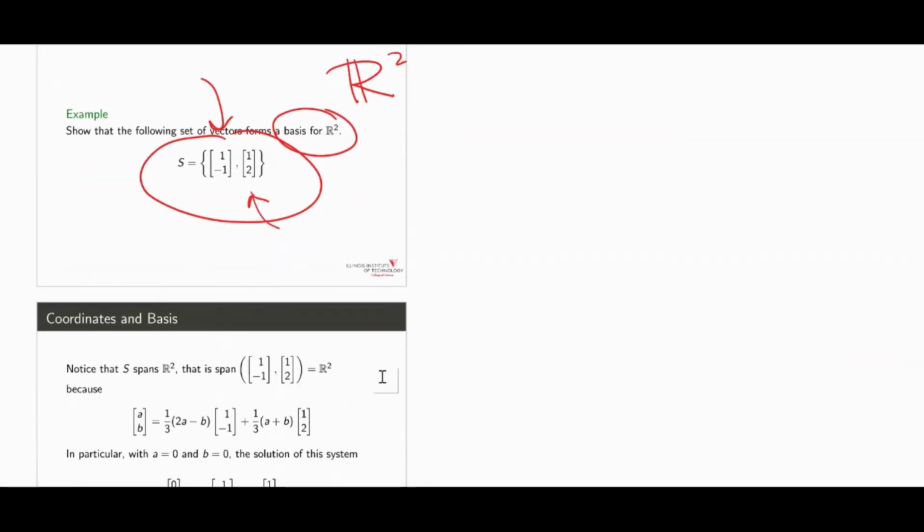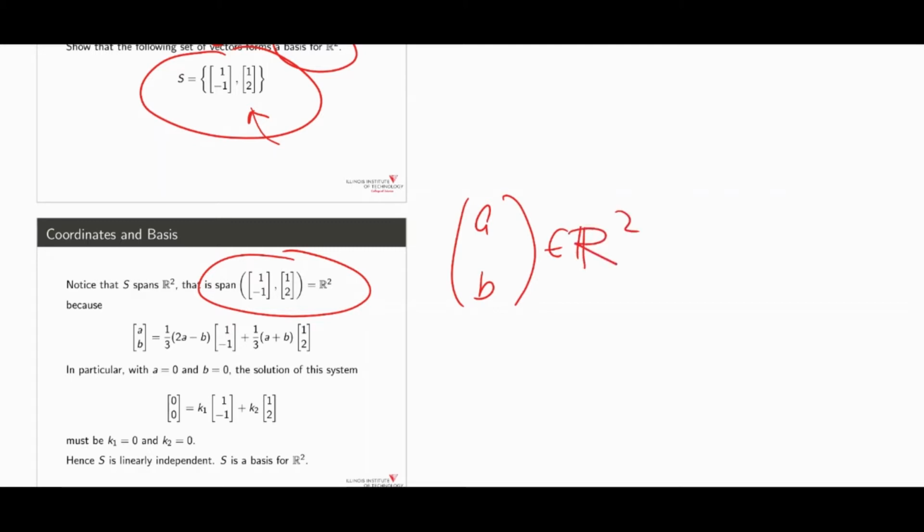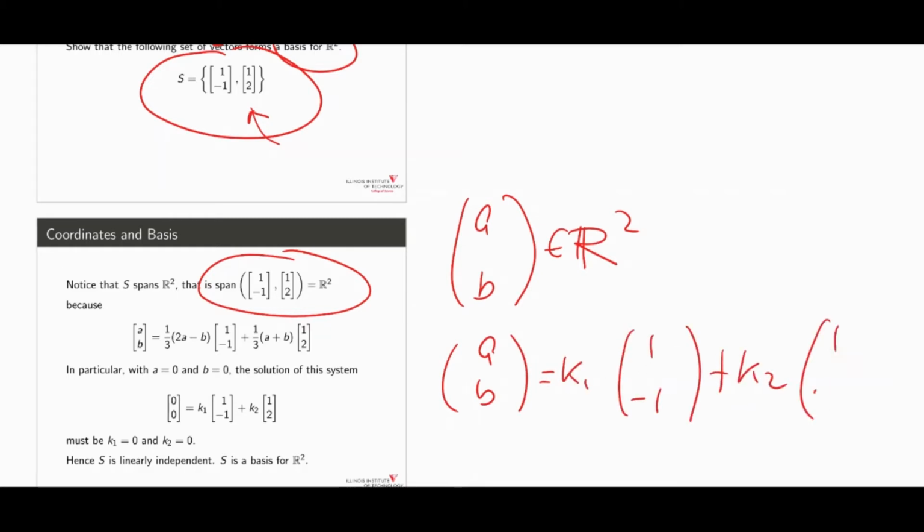Just like what we have learned before, in order to show that these two vectors span R2, you have to select an arbitrary vector in R2 and see whether we can find a scalar k1 times (1, -1) and a scalar k2 times (1, 2) in order to get to that (a, b).